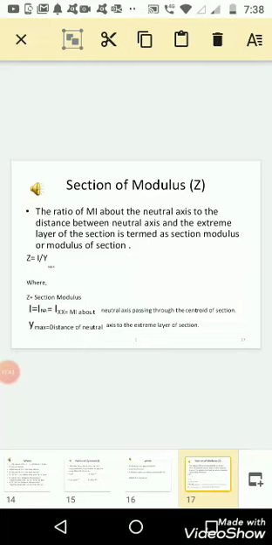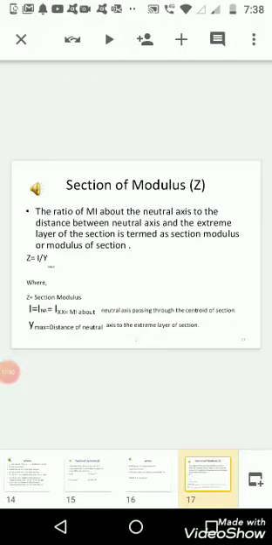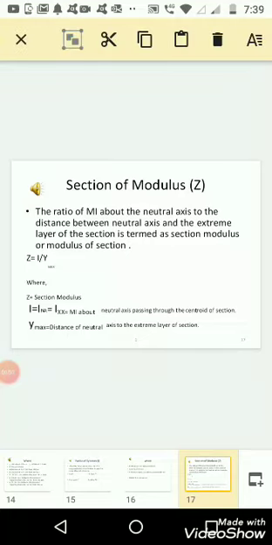Now, section modulus, denoted by Z. It is defined as the ratio of moment of inertia about the neutral axis to the distance between the neutral axis and the extreme layer of the section, termed as section modulus or modulus of section.